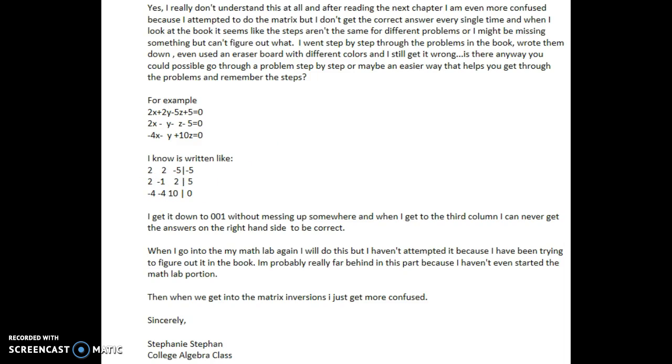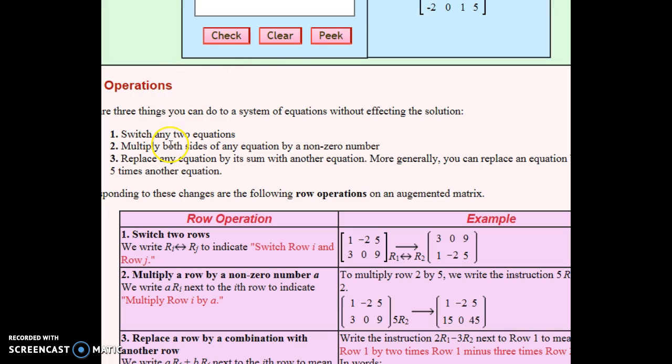So again, before I get started on solving this, there's 3 row operations that we can do in order to get the ones on the diagonal. You can switch any 2 rows, and you don't often get to do that, but it's a very, very easy thing to do. You just reorder the rows, and you only want to do that if it'll help you get ones on the diagonal.